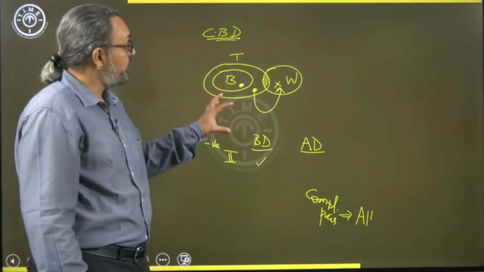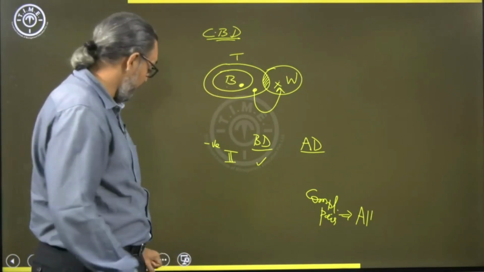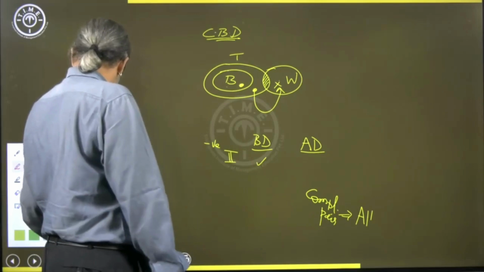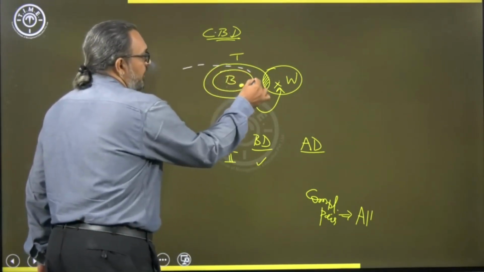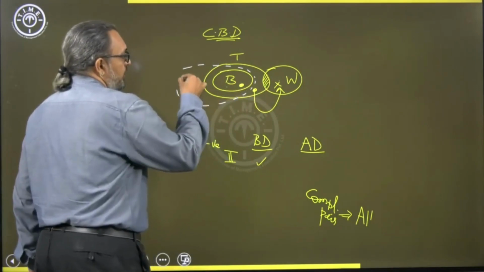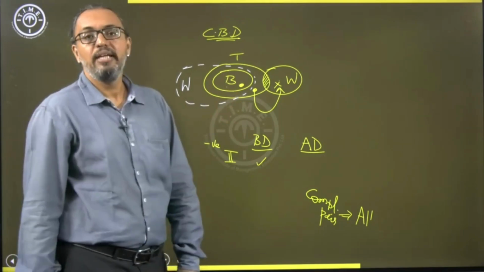So now we need to check, can I take all the building inside wheel? Okay. Now look at this. Now this is my wheel circle. So is it possible to have all the building inside wheel?